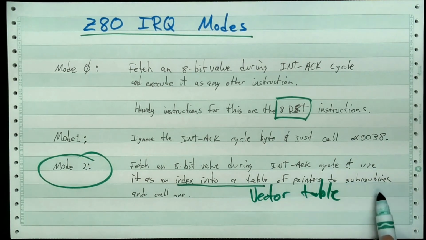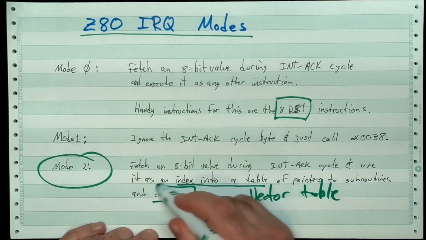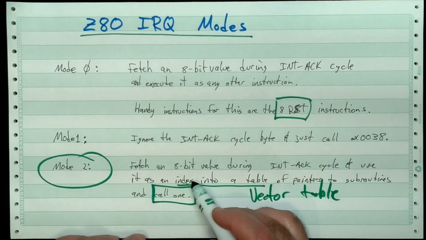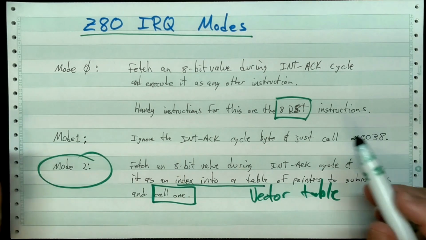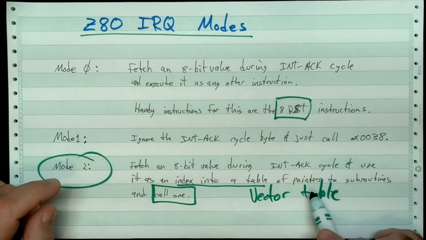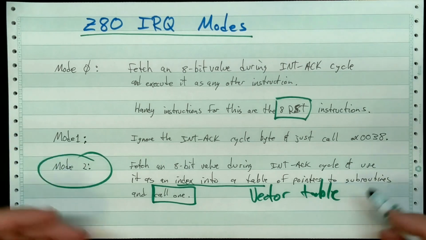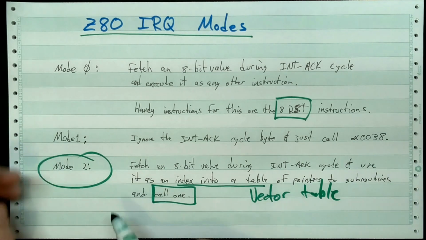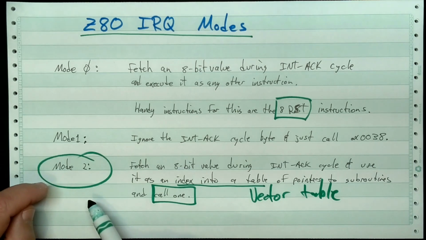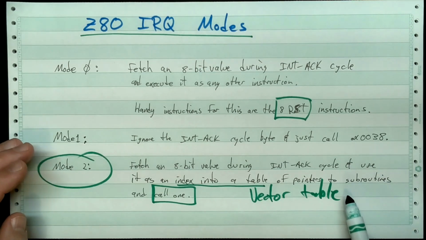Because it's a table of pointers that all point to some subroutine, okay? And then call the one, I should say, based on this index number. And as we'll see, we can create a table that has up to 128 pointers in it. Therefore, the Z80 could have 128 unique interrupt handler functions for all sorts of devices, okay?